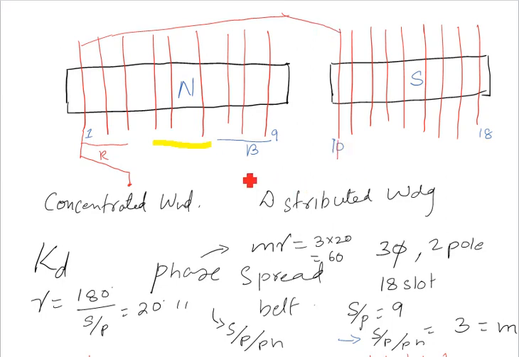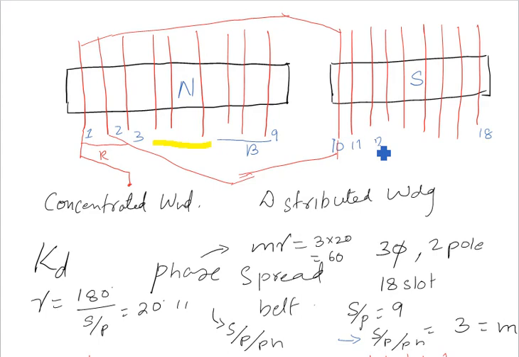From here again it goes to the second of this. This is number 2, number 3. This will be 11 and 12. So this is the whole winding.